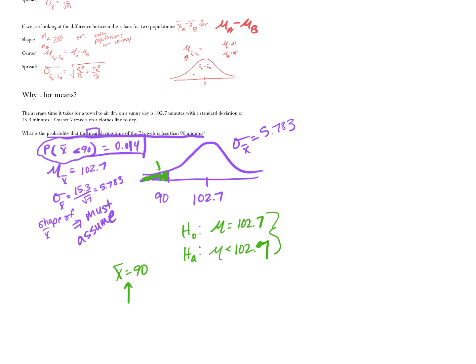And I get 0.014. What is the name of that calculation? That is your p-value. If the null hypothesis is true, it is the probability we could see the observed sample or more extreme. And in this particular case, this would give me pretty good evidence that the mean time it takes for these towels to dry is smaller than 102 minutes. Everybody good?